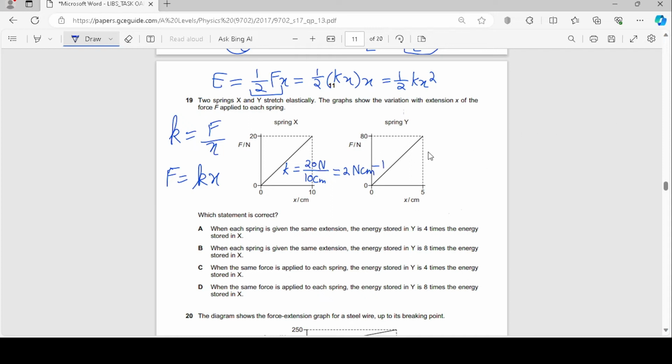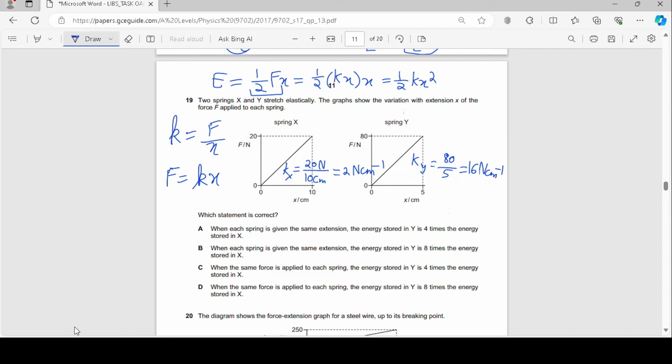And then over here you have spring y. So kx is 2, and ky is going to be 80 divided by 5. So that's going to be 16 newtons per centimeter.